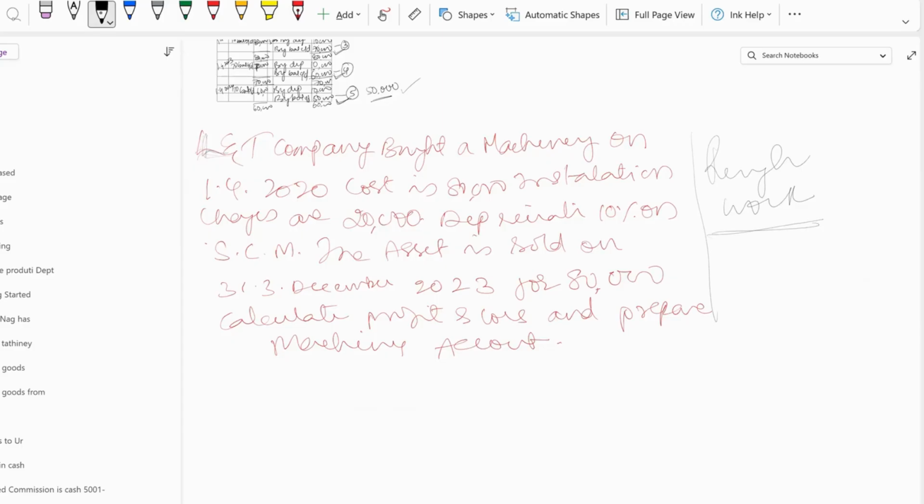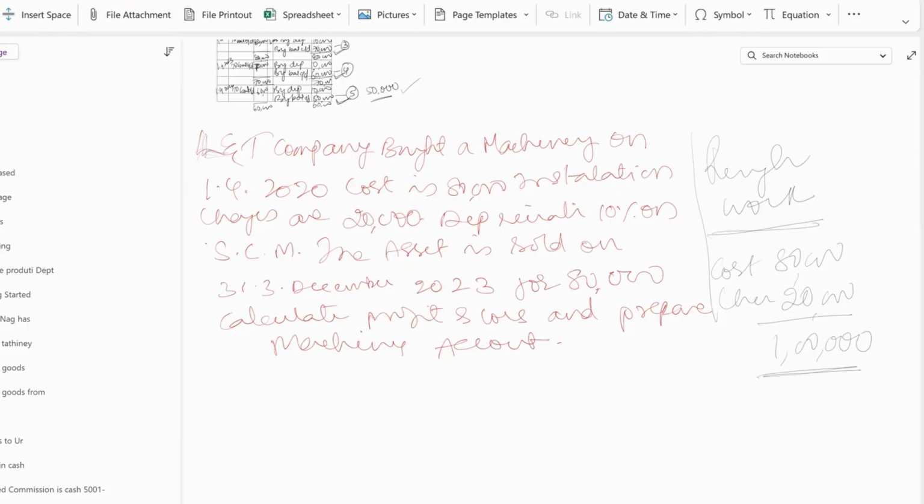Rough work. So cost of machine is 80,000 and charges are 20,000. So what is the total cost of the machine? 1 lakh. Okay.